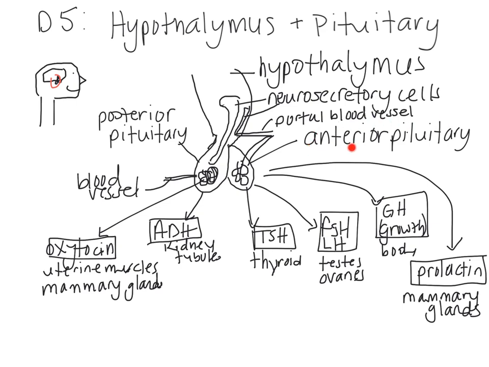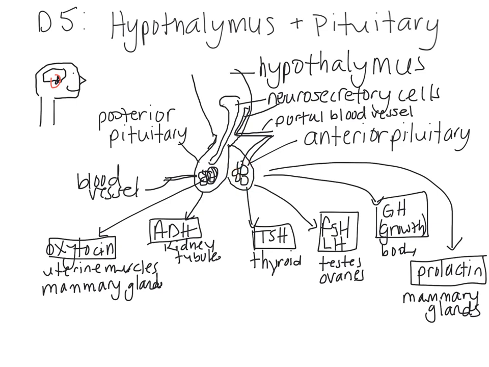The anterior pituitary is much different. Releasing hormones, like gonadotropin releasing hormones, something like that, are produced in the neurosecretory cells of the hypothalamus, just like we talked about before. But those hormones then leave the hypothalamus through a portal blood vessel. That portal blood vessel then carries them to target cells in the anterior pituitary.